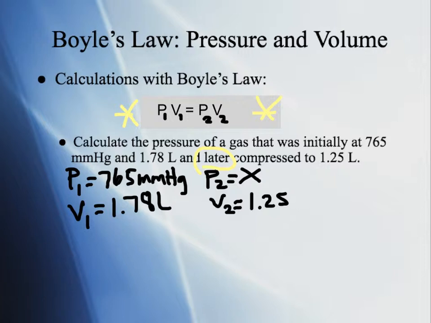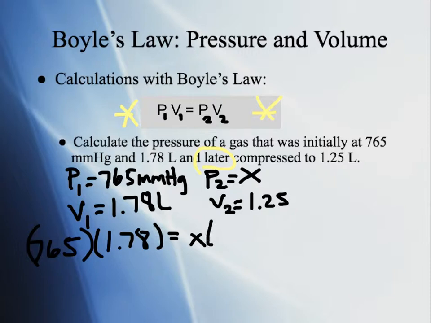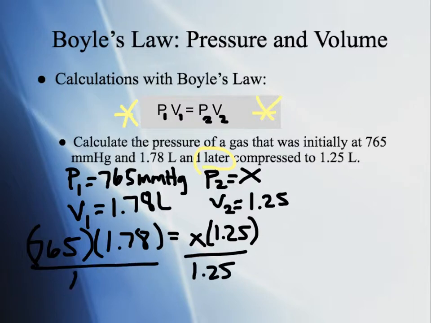So if we use our P1 times V1 equals P2 times V2, we'll have 765 times 1.78 equals X times 1.25. If we do our very simple algebra here, divide both sides by 1.25, our final pressure is 1090.